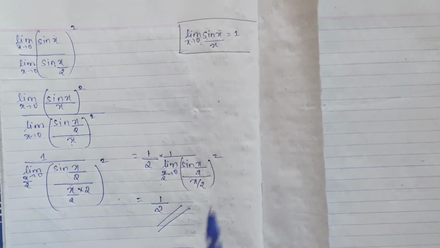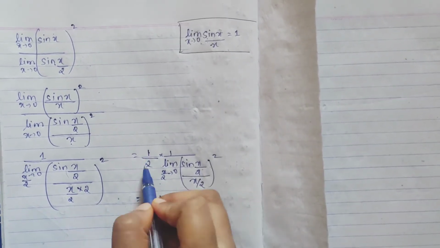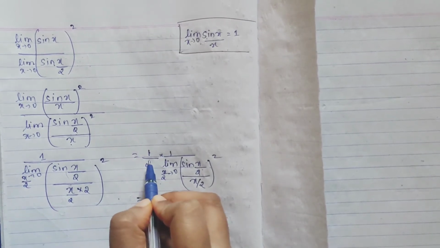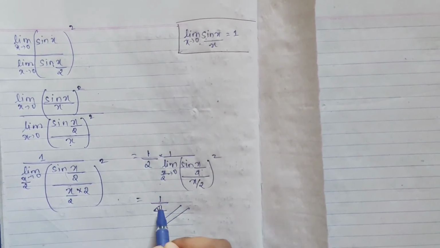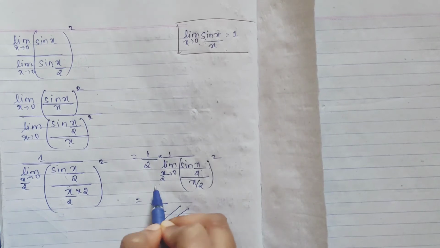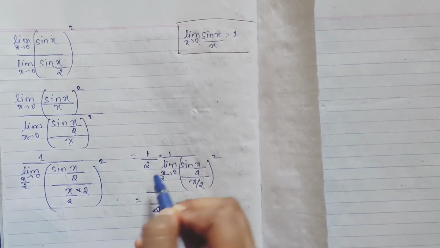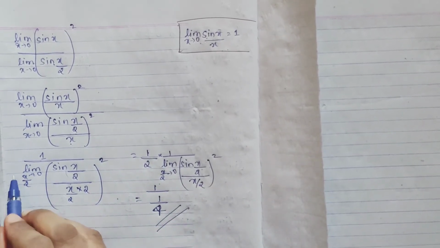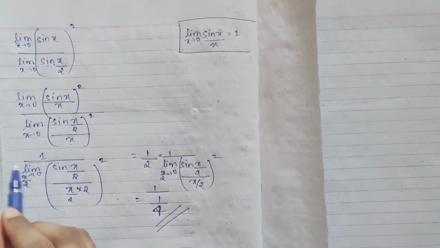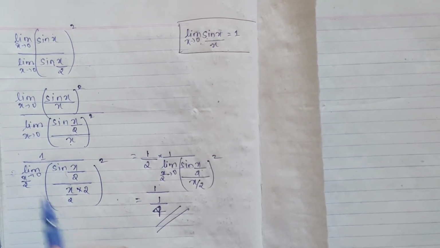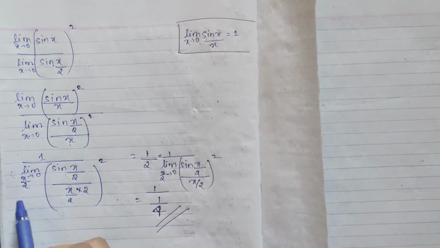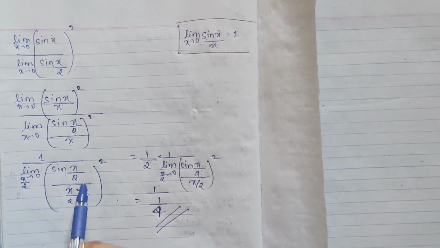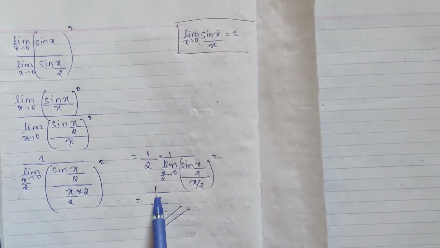Here I guess we have made some mistake. Here it should be 1 divided by 4, because it is 2 square. And it is 1 divided by 1 by 4, because here it was 2, here it was 2, 1 by 2 divided by 1 it was.